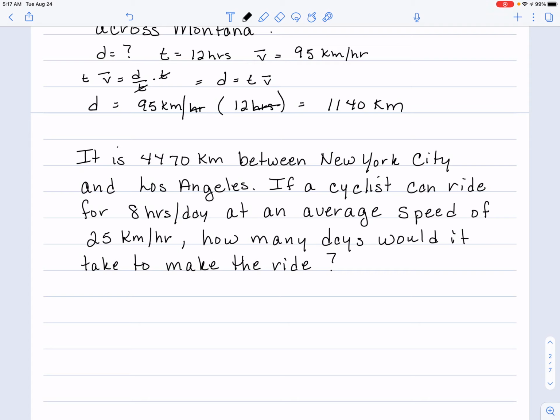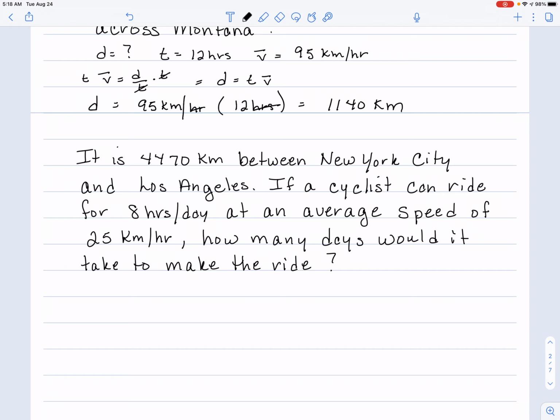Okay, so in our next example problem, we're told that it's 4,470 kilometers between New York City and Los Angeles. If a cyclist can ride for 8 hours per day at an average speed of 25 kilometers per hour, how many days would it take him to make the ride?